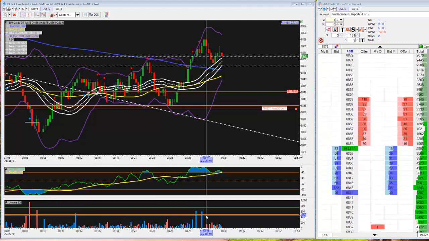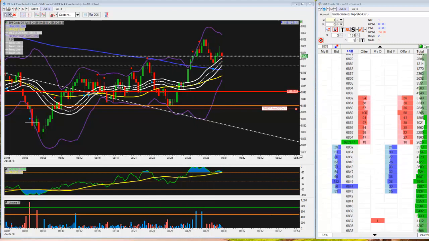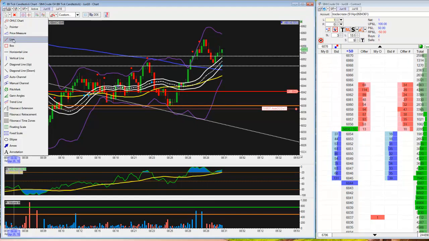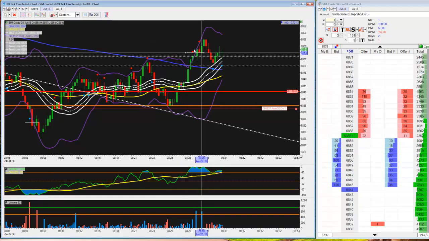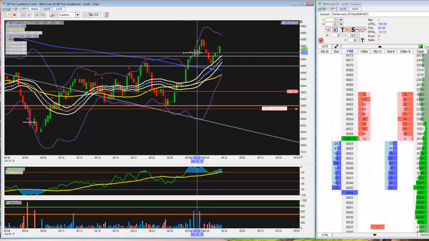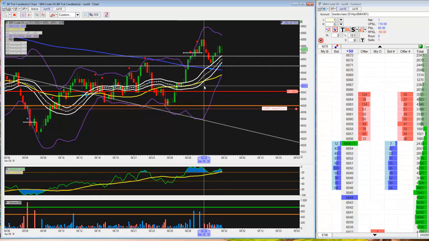Now if we were going long above, this is the long area up here. Let's measure. So 54. So 44 would be a stop on that.